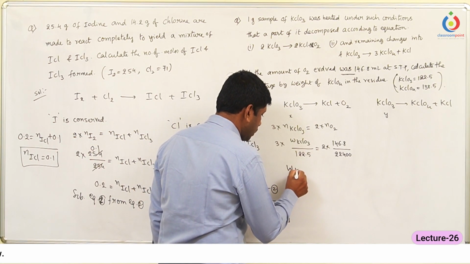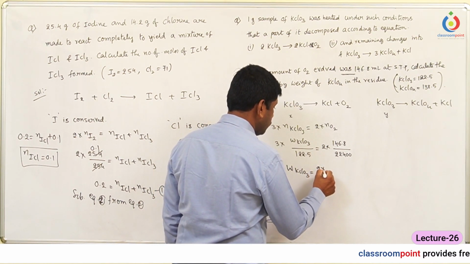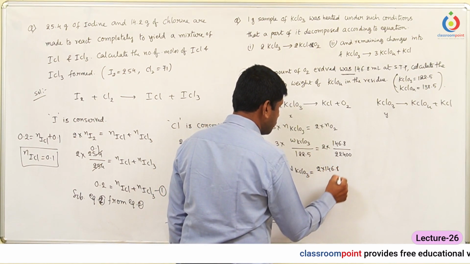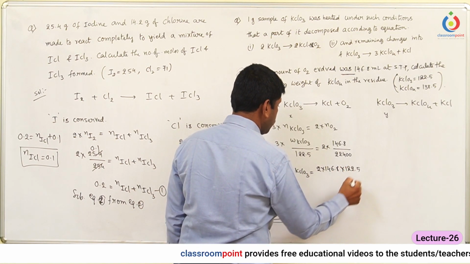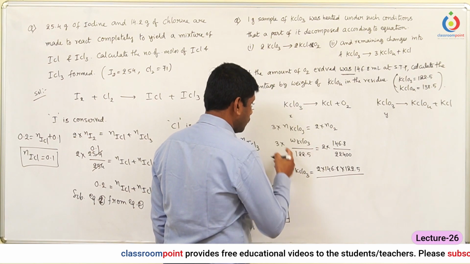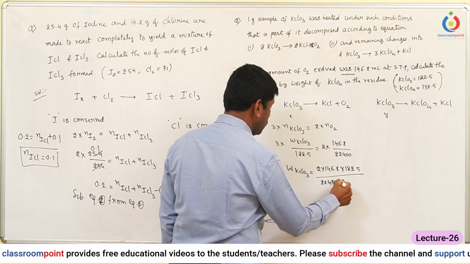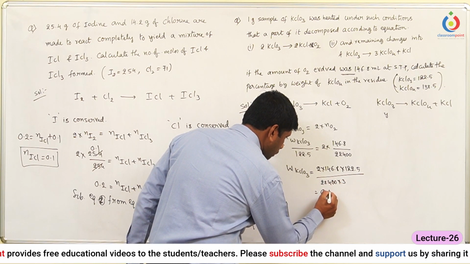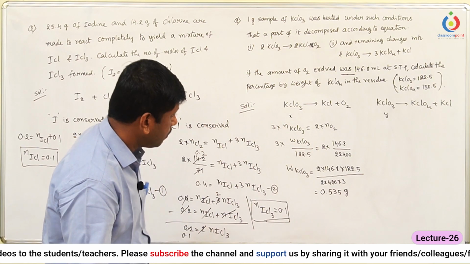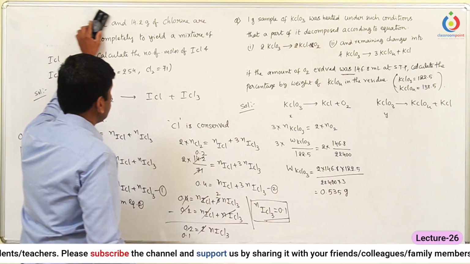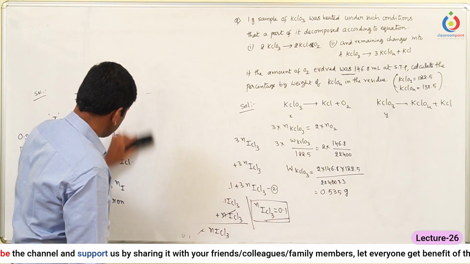So the weight of KClO3 in this case, doing the cross multiplication, is 2 into 146.8 into 122.5 divided by 22,400 into 3, which is 0.535 grams. I shall erase this side because the space is not sufficient for us to solve the rest of the question.